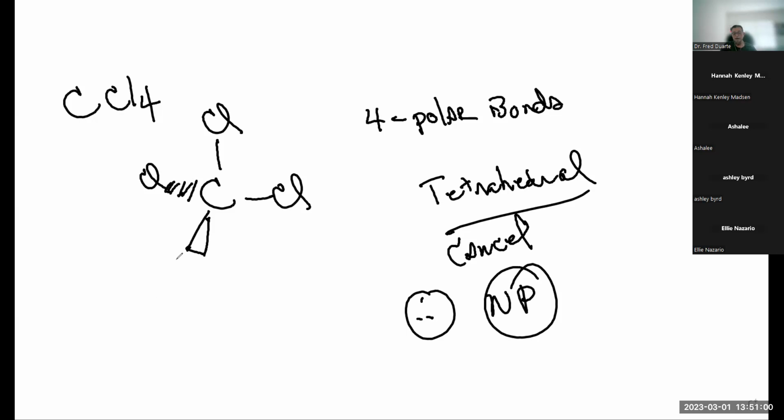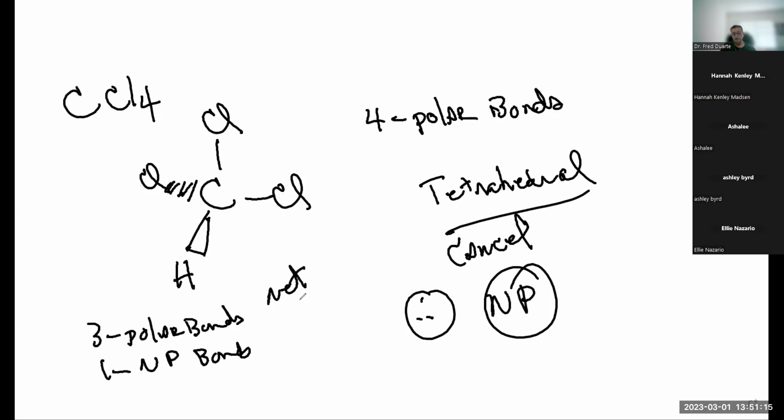Now, if I were to replace one of these chlorines with, say, anything else, let's just replace it with hydrogen, now we have three polar bonds and one nonpolar bond. The net result is a polar molecule, because those three polar bonds are no longer canceling each other out. That one nonpolar bond keeps it from canceling out.